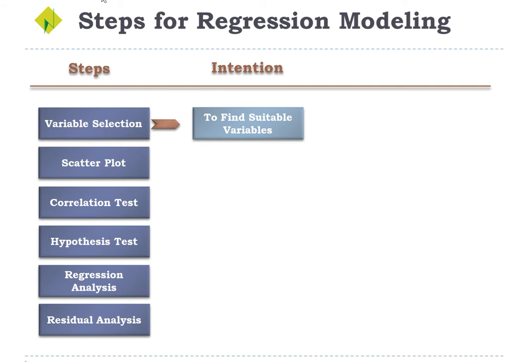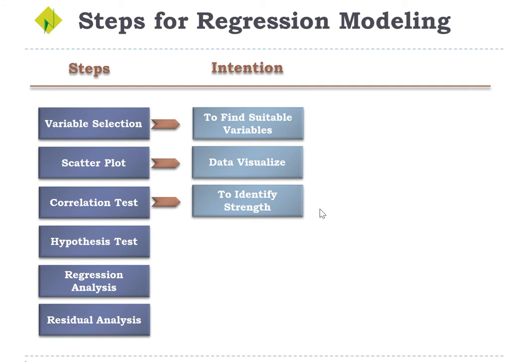The next one is scatter plot. Scatter plot is also one of the best options to identify the right variables. Mainly the scatter plot is used for data visualization. The next one is correlation test. Correlation analysis is used to identify the relationship between two variables.